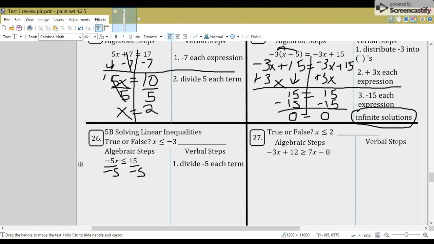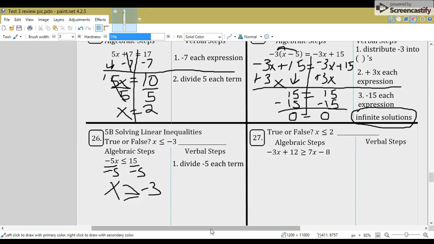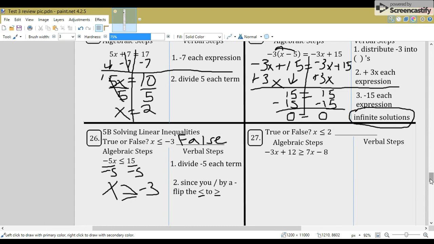Okay, so now we have 1x and -3. When we divide an inequality by a negative number, you flip the inequality sign. So we have x is greater than or equal to -3. So x is not less than or equal to -3. It's the opposite, it's greater than or equal to. So that is false.